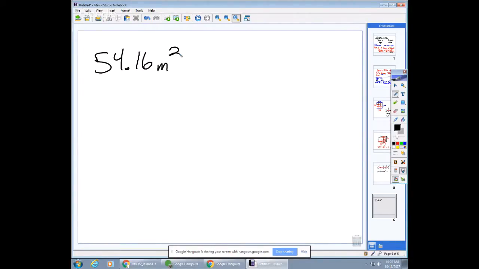Now, if I'm using the cheat sheet given in this exercise, the only link I have between the metric world and the American world is that in 1 inch there's 2.54 centimeters. That meant I had to convert meters to centimeters so I could use that fact to convert centimeters to inches, and then convert inches to feet.